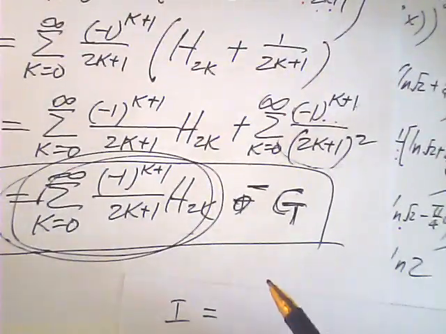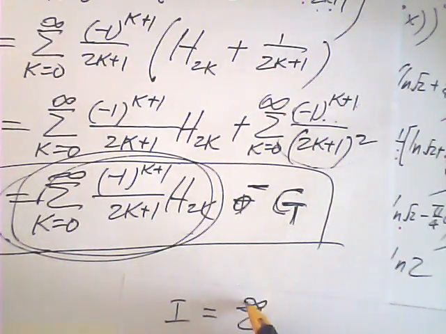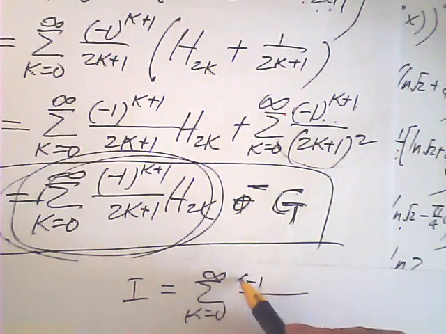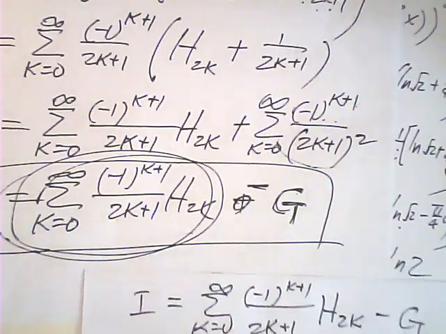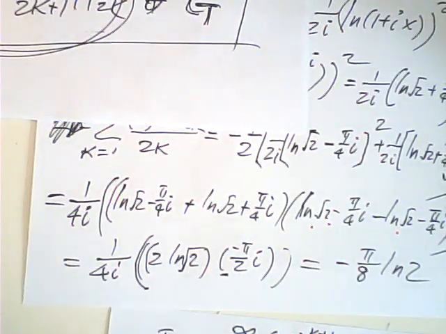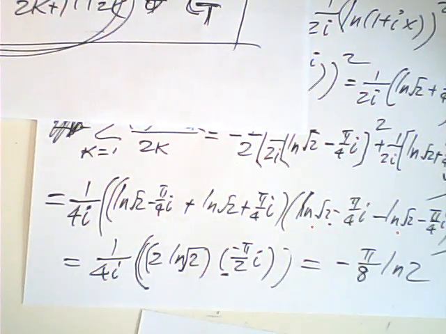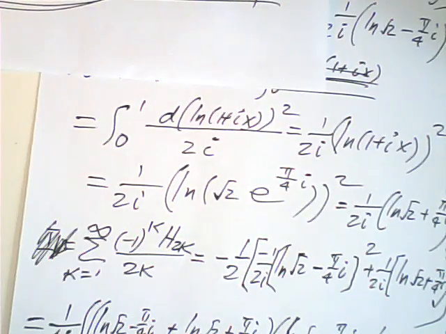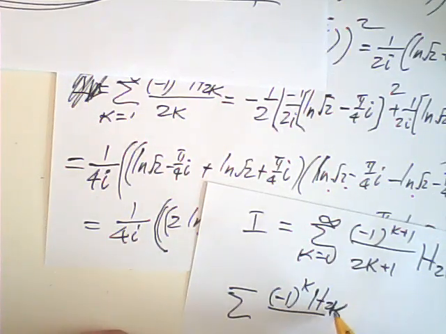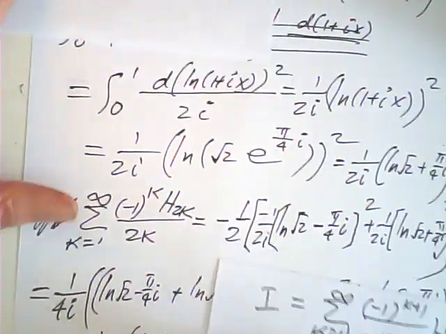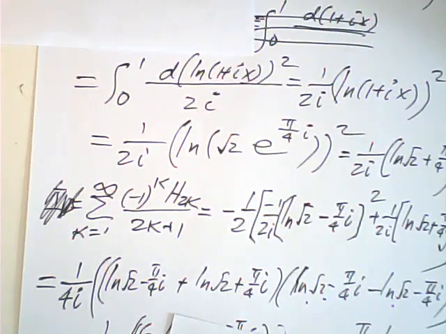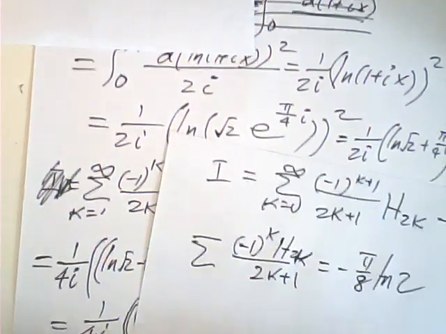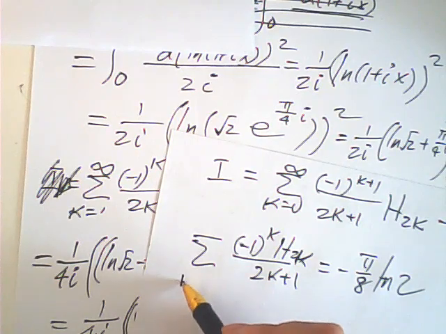My I is equal to negative, minus 1. This is my I, and this is the sum of negative (negative 1)^k H_2k over 2k plus 1, which is equal to a negative. We have to calculate this.